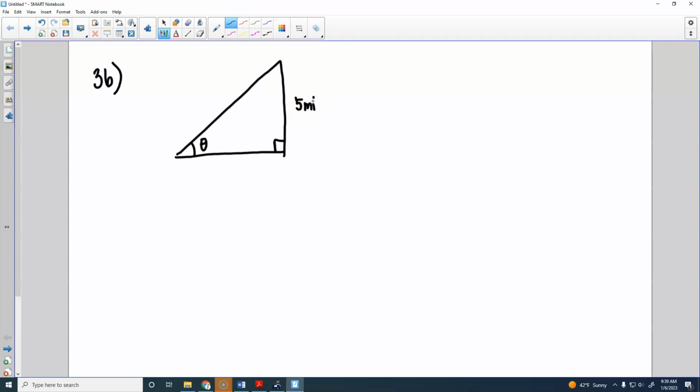And it is flying overhead, and the question says an airplane flies at altitude of 5 miles toward a point directly over an observer. The speed of the plane is 600 miles per hour. Find the rates at which the angle of elevation is changing when the angle is, and then it asks for A, B, and C. We'll probably just look at A because it just changes what you plug in.